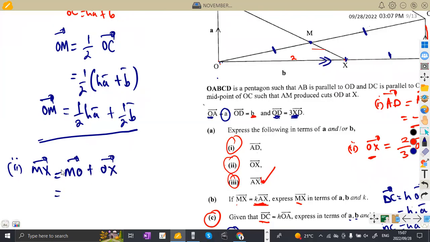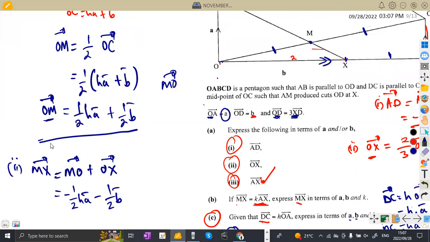Okay, but what is going to happen now is that from M to O, I'm opposing the OM because this is OM, but we are talking about MO. So you simply multiply this term of OM by negative. So it's going to be minus half of HA minus half of B, that is OM.